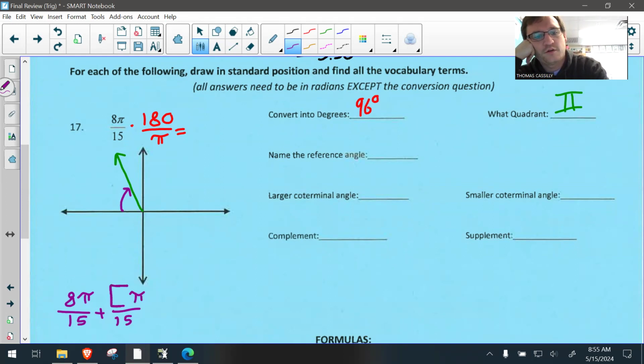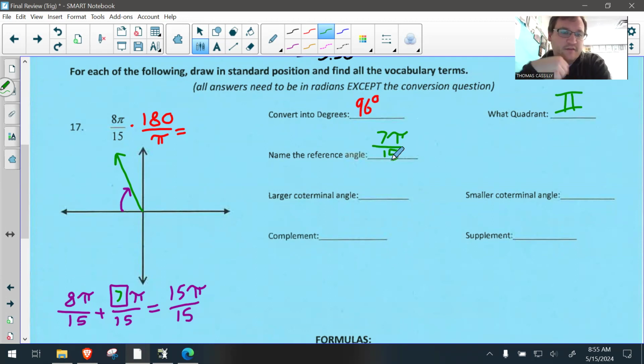What number here gets us to 15 pi over 15? Because 15 pi over 15 is 1 pi, right? So you just got to think, all right, 8 plus what gives us 15? And that's a 7, right? So the reference angle here is 7 pi over 15, right? That gets us down to the x-axis.